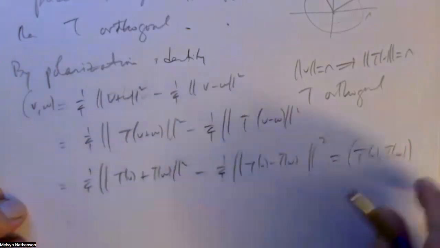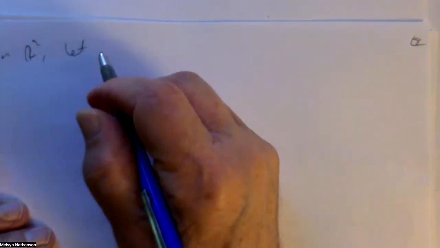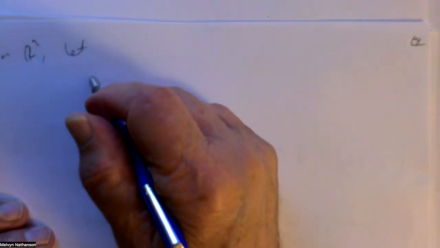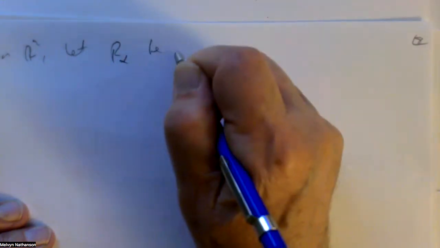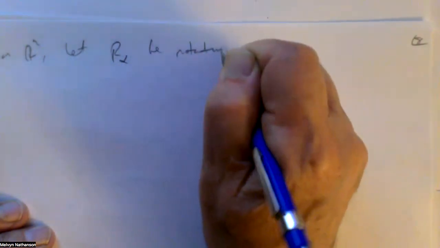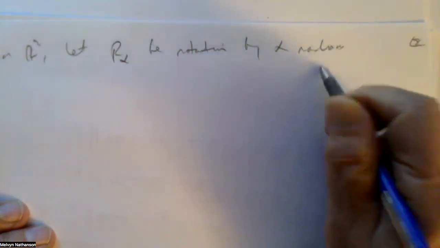That's an example of an orthogonal operator. So in R2, let R alpha be rotation by alpha radians.